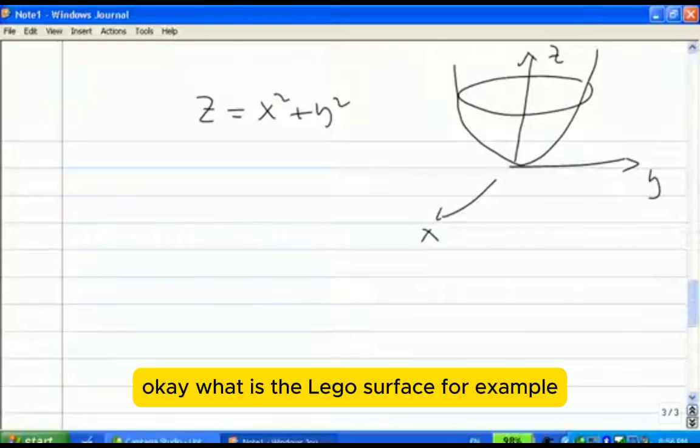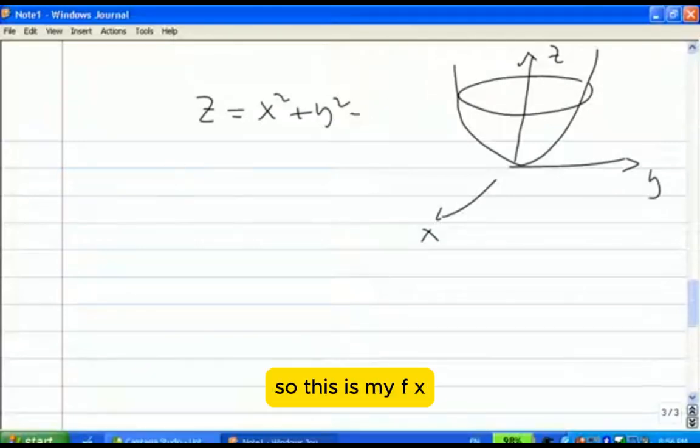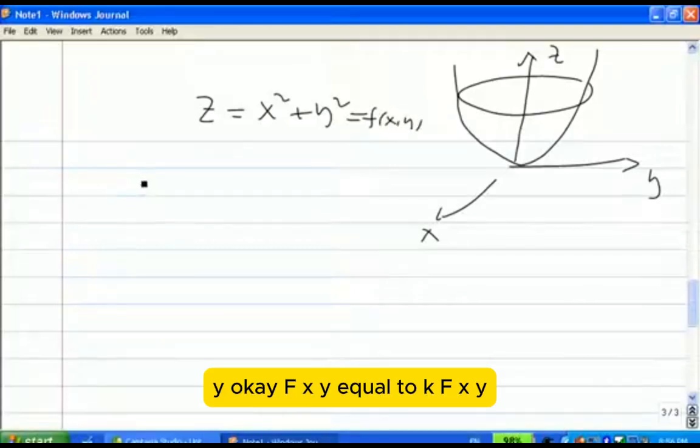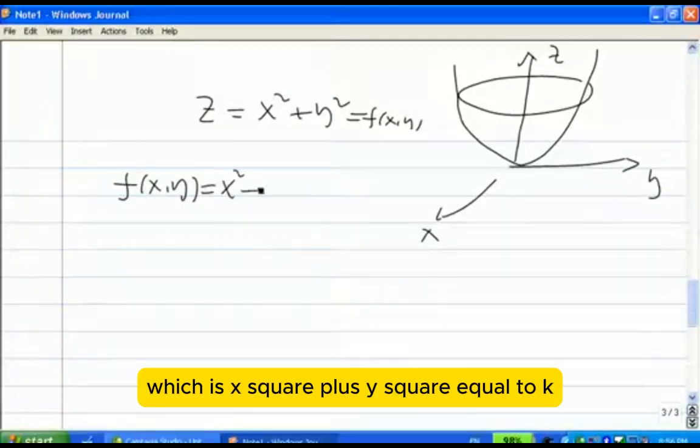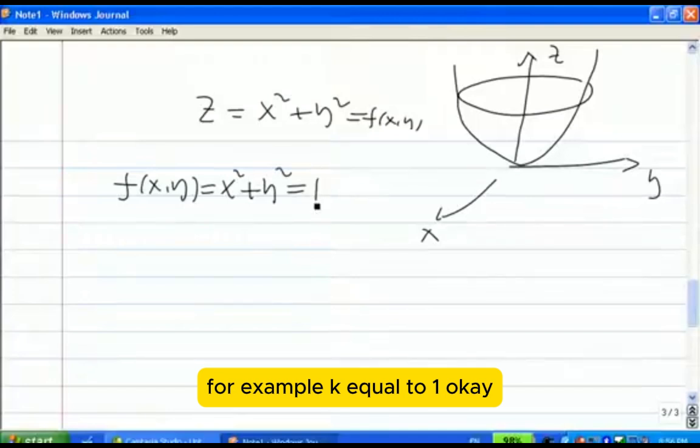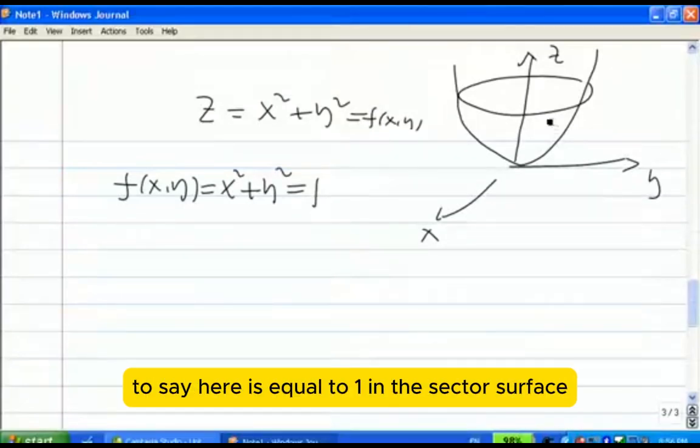What is the level curve? For example, this is my f(x,y). f(x,y) equal to k, which is x squared plus y squared equal to k. For example, k equal to 1. Which means let z equal to 1.